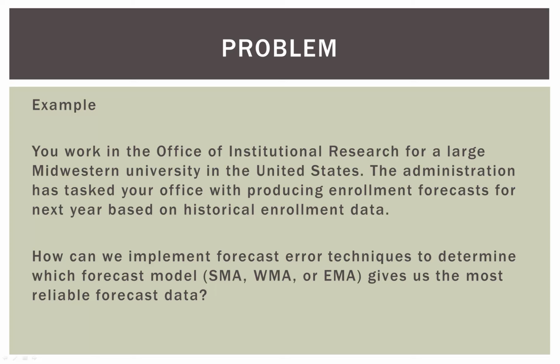Now the question is, how can we implement forecast error techniques to determine which forecast model, the simple moving average, the weighted moving average, or the exponential moving average, gives us the most reliable forecast data? So we're going to use our enrollment data, we're going to look at each model, and then determine which model best fits our data.